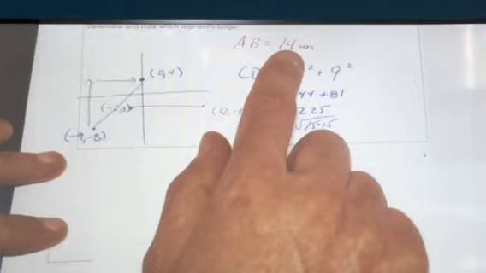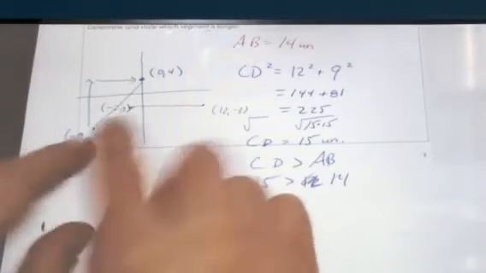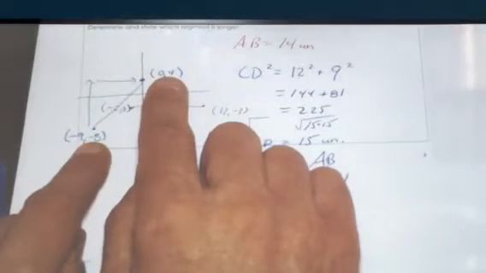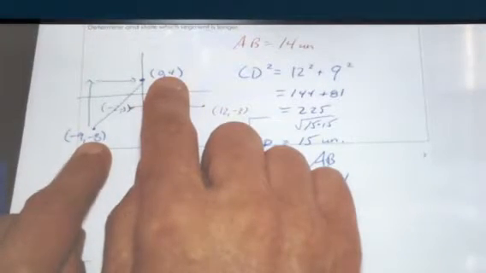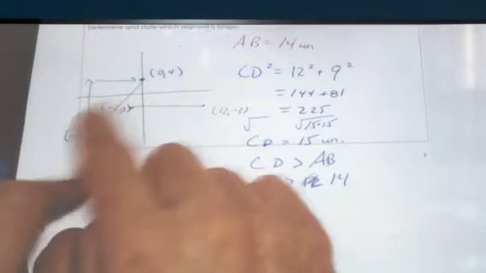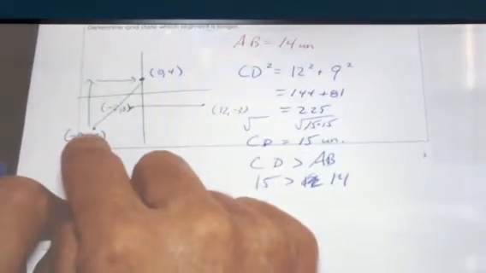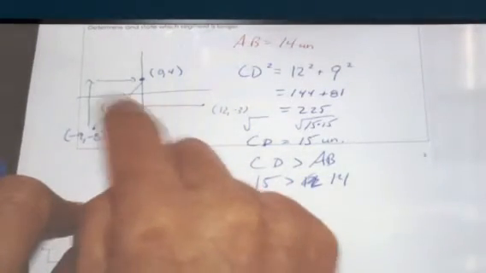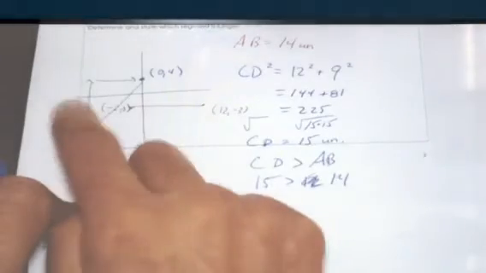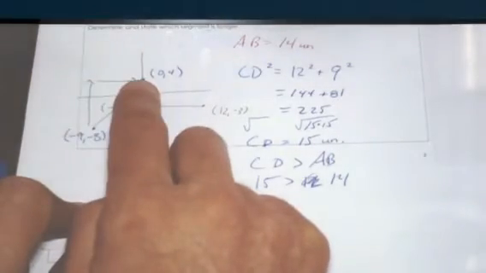Now we look at CD. So now we're looking at this blue. We're at y equals -8, and we need to go up to y equals 4, so that's a move up 12. Then we need to go right from x equals -9 to x equals 0, so that's right 9.